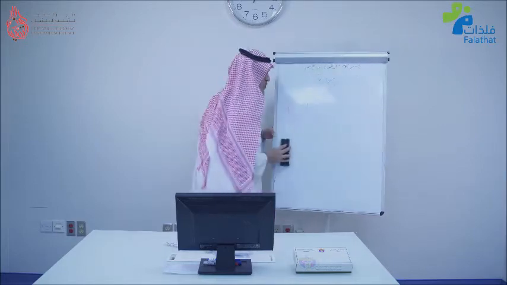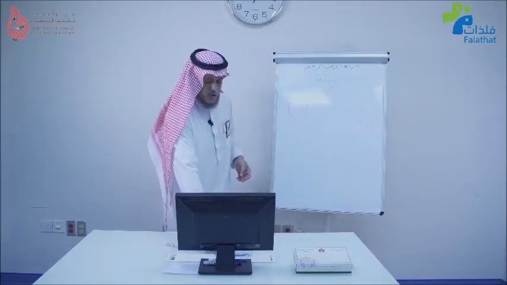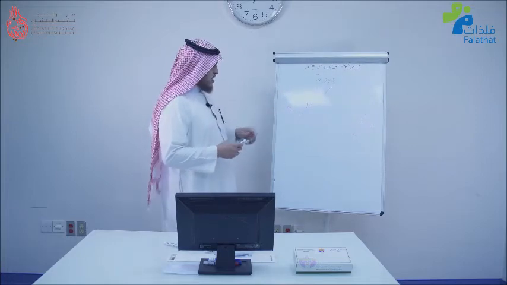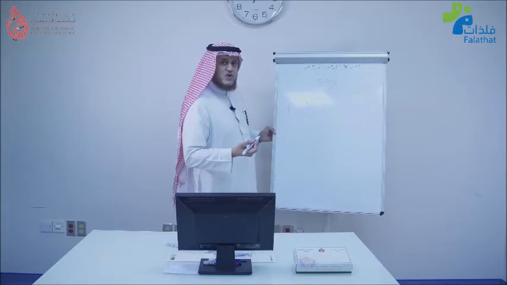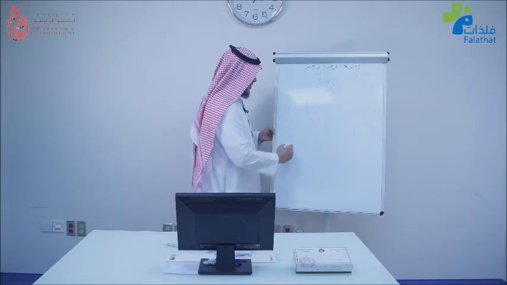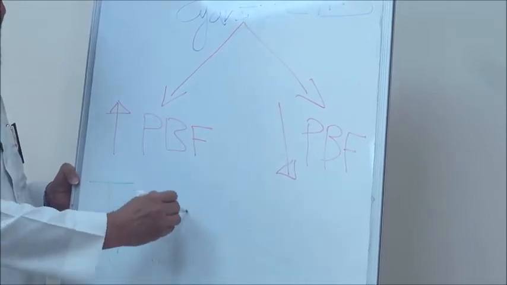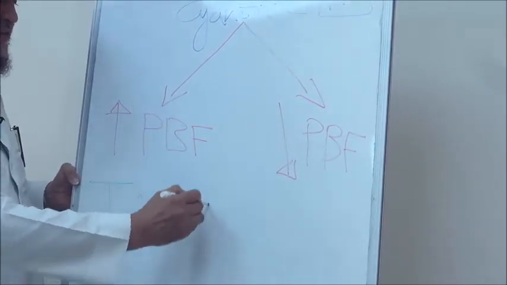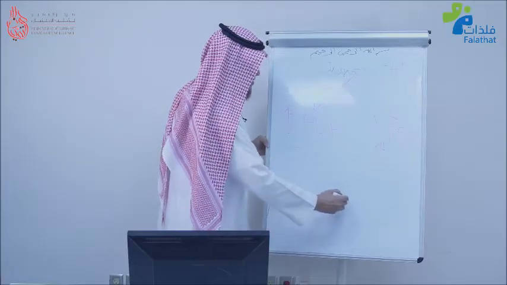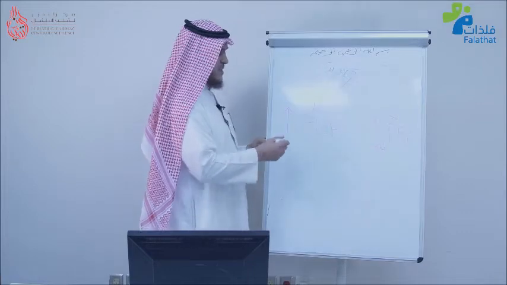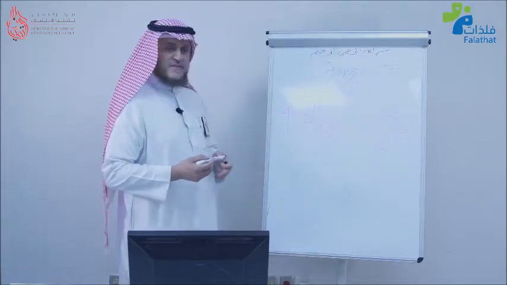common, and then we will go into how we describe them and how we talk about them. So with increased pulmonary blood flow, there is one famous lesion which we call total anomalous pulmonary venous connection or drainage. This is one common disease that falls under the increased pulmonary blood flow, and so many other diseases.